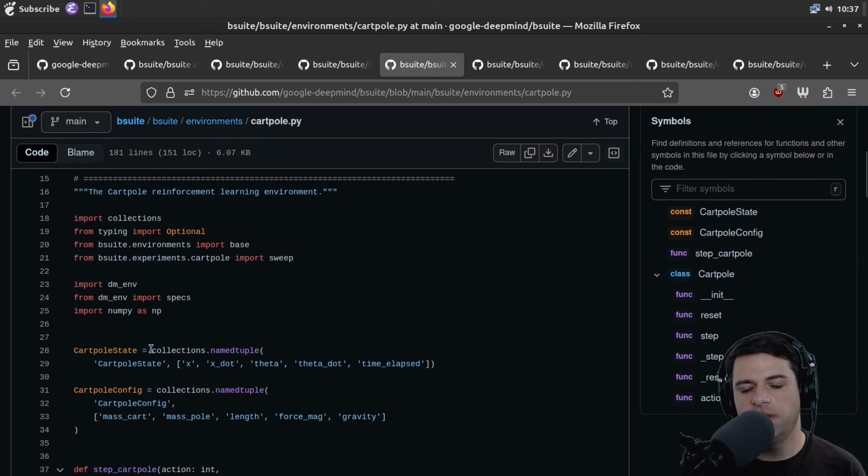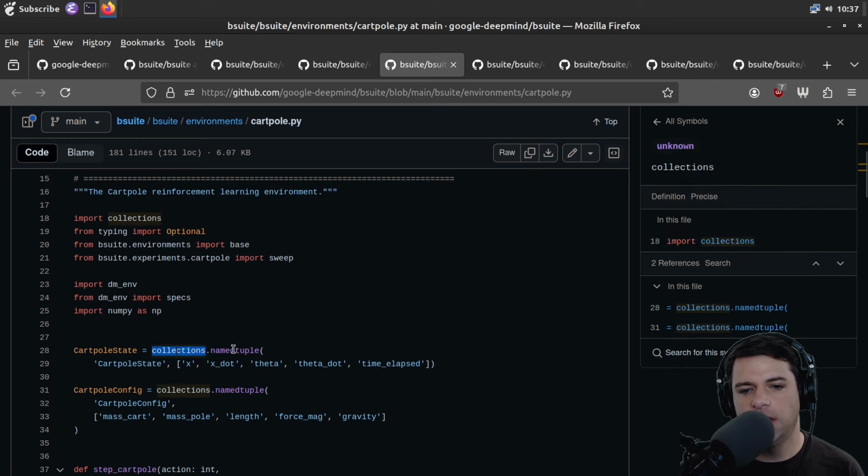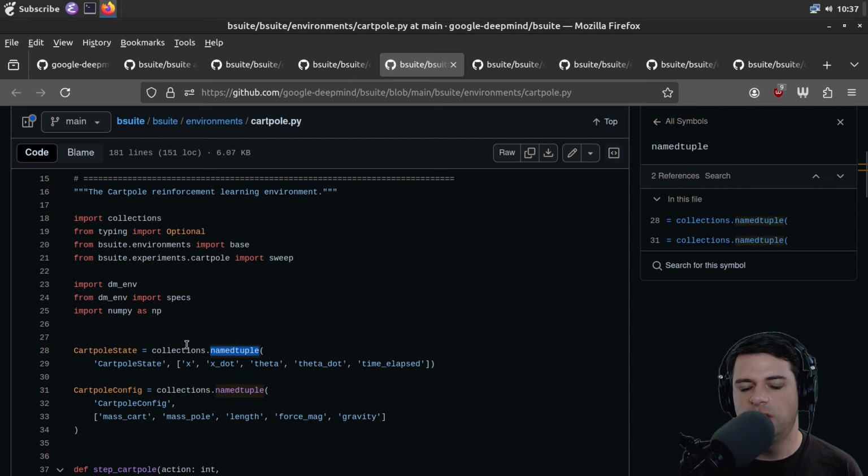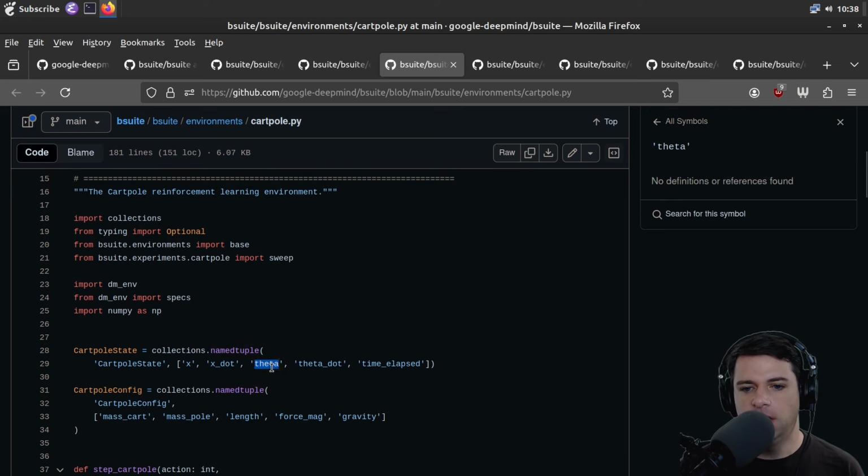Okay, so we have some state. Cart pole state is a collection named tuple. I guess the name is cart pole state. I'm not really sure what a named tuple gives you, but I guess you can reference it by its name somehow. And its state is x, presumably position, x dot, presumably velocity, theta.